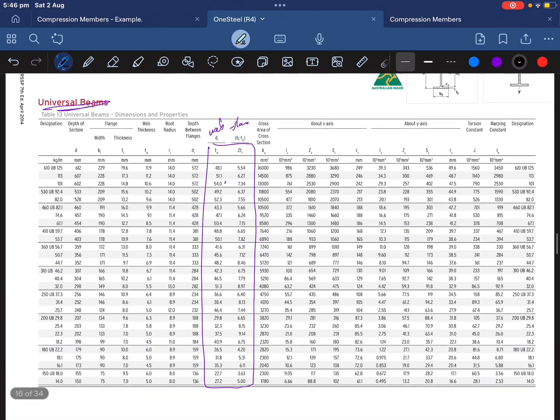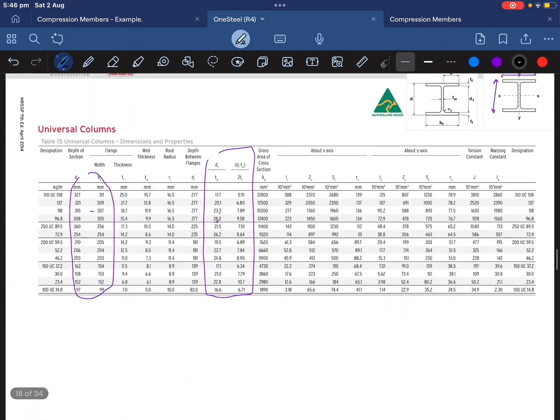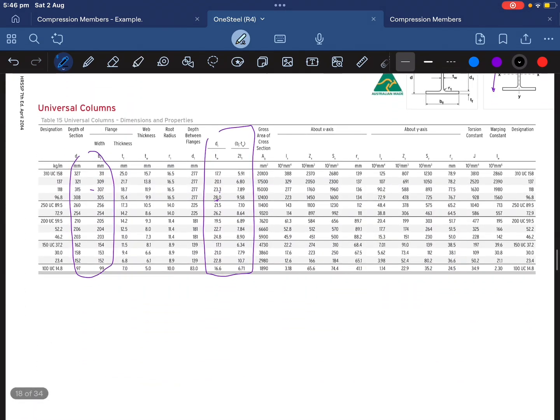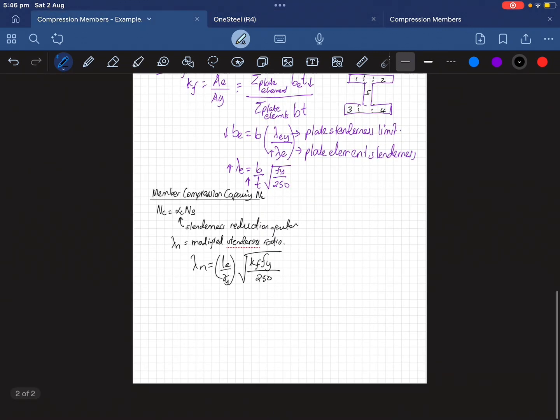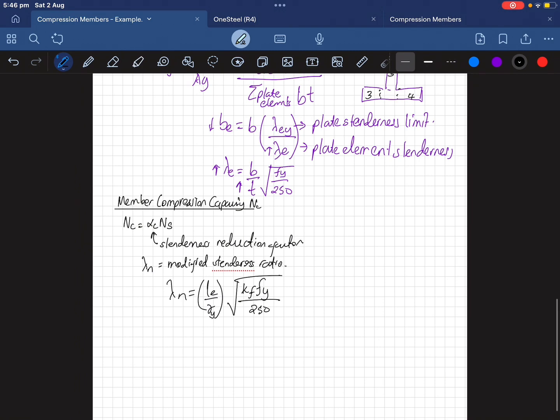Ry you can get from universal columns. In this case we're dealing with a 150 UC30, so if I track that across, that's going to be 38.1.